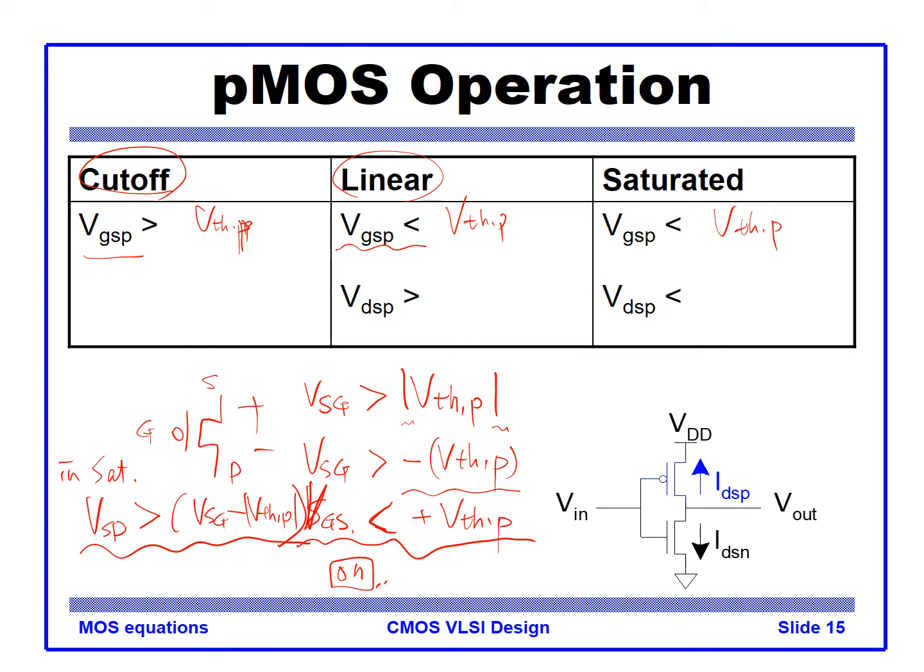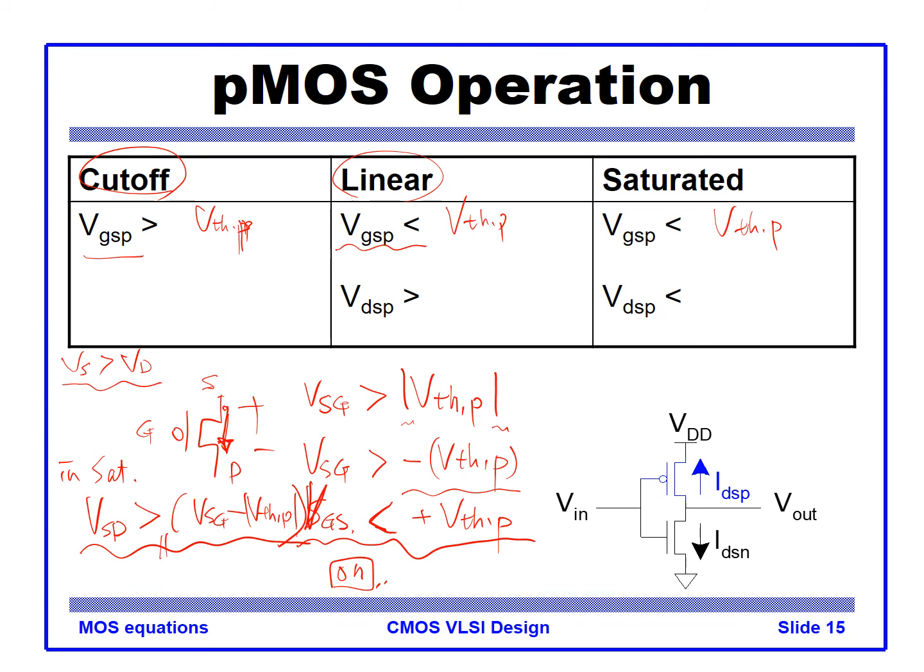The voltage drop between source and drain must be greater than this overdrive voltage, because in the PMOS the current flows from source to drain. We know the source voltage is greater than the drain voltage, so current flows from the higher voltage to the lower voltage.